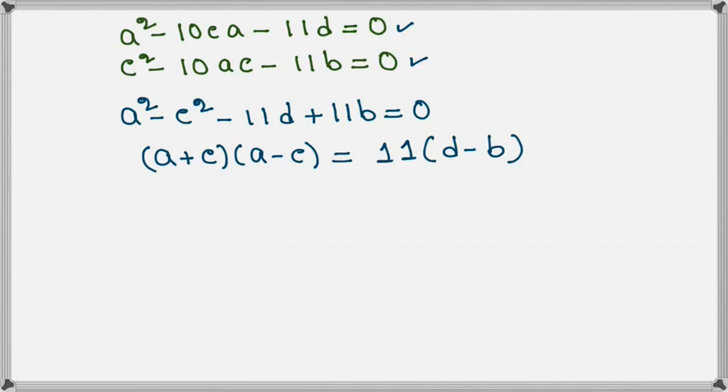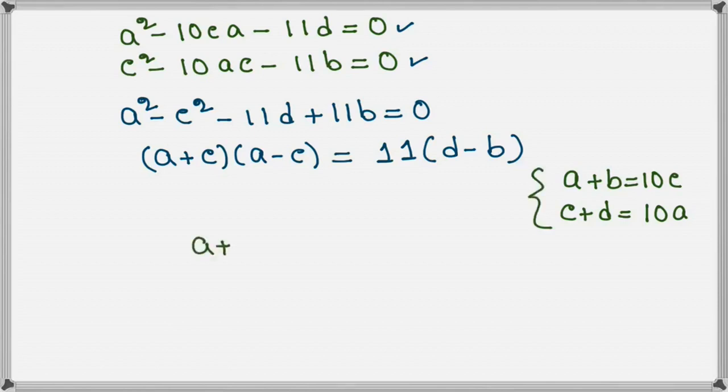Recall that we had a plus b is equal to 10c and c plus d is equal to 10a. So from here we also get that a plus b minus c minus d is equal to 10 into (c minus a).